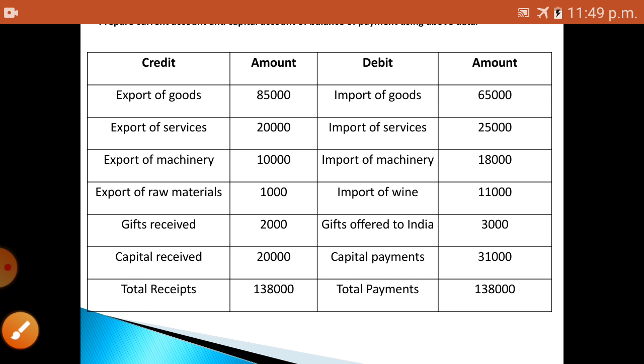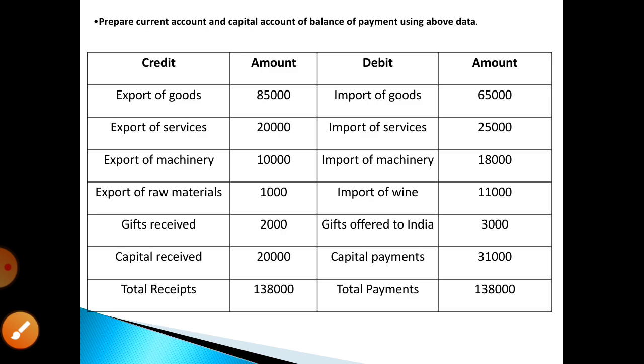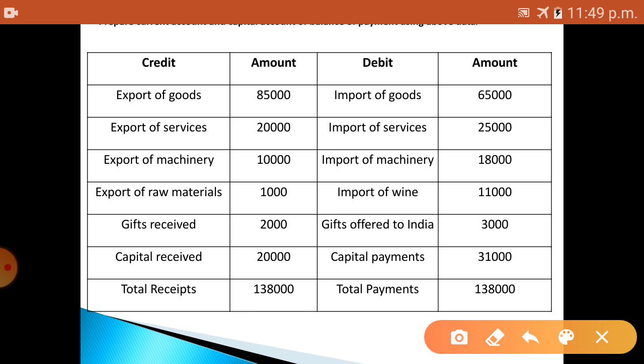In credit we should mention all the goods and services that the France country has exported to other countries, with the amount. Next, in the debit column, we should mention what the France country has imported from other countries, with the amount.